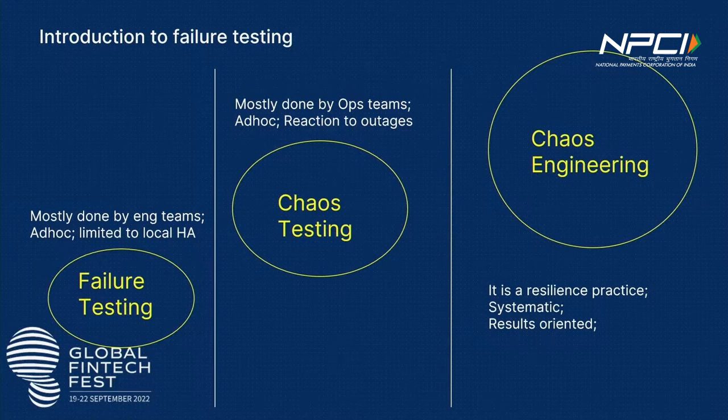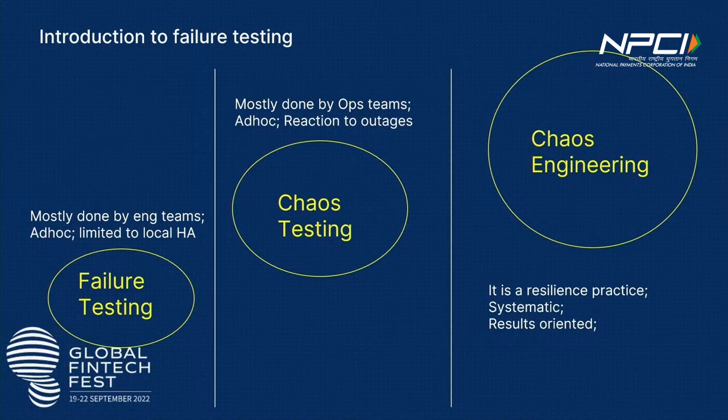Failure testing is more of the engineering teams trying to do negative testing, and it's always ad hoc, and engineering test teams will not have access to the real prod environment. So whatever they do is not real failure testing. Even if they certify, that may not be really valid later on, because in production your environment is totally different.